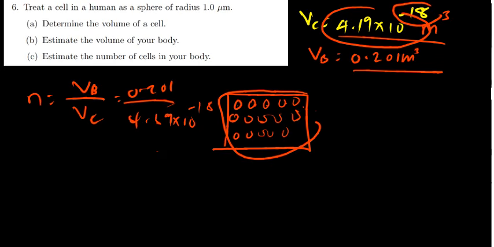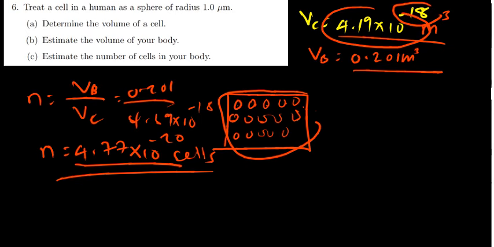So that will be the number of cells in your body. Those who are calculating, what are you getting? 4.77 times 10 to the power negative 20 cells. That's all. What else do you want, guys?